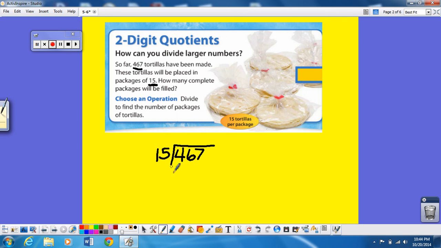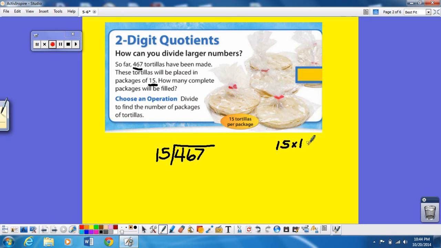467 divided by 15. All right, same process we've been doing. Ask yourself, does 15 go into 4? It doesn't. Does 15 go into 46? Yes. If you don't know how many times, there are a couple of different ways you can do this.